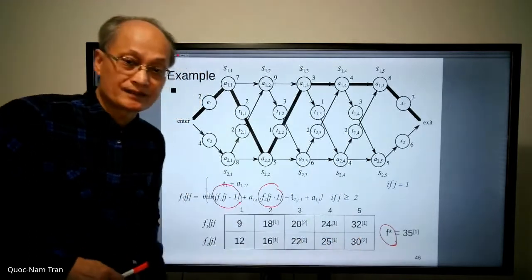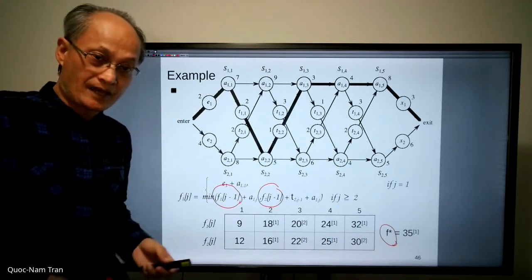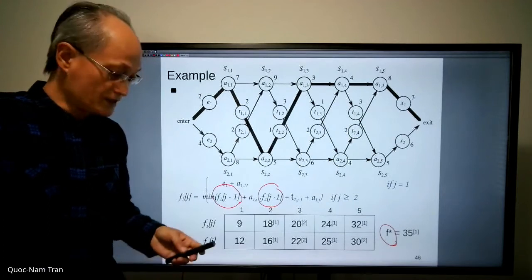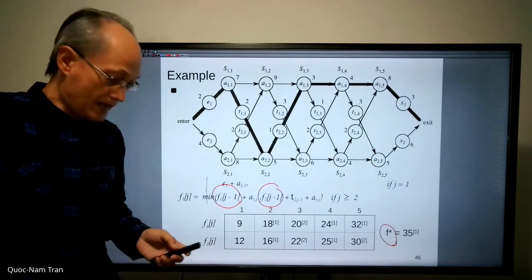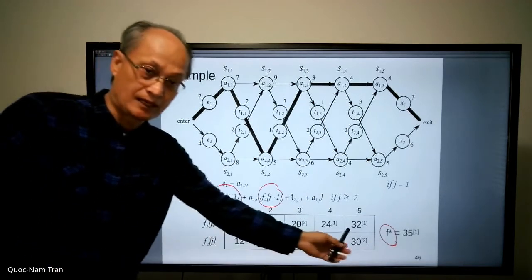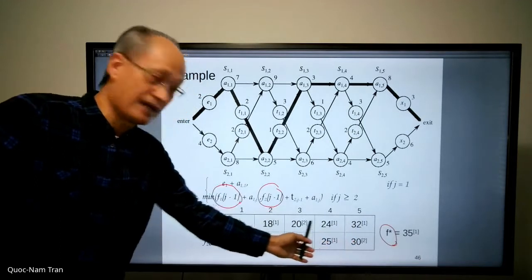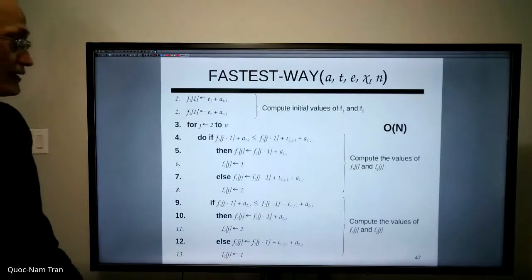Okay, so it takes us just only big O n steps, right? So it's much better than the exhaustive search and the recursive algorithm that we have to calculate the values again and again, right?